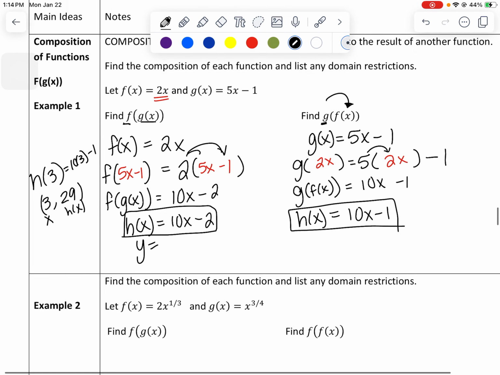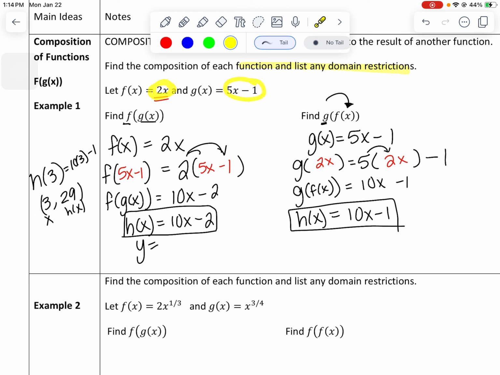All right, then it asked me to list any domain restrictions that go along with these. And since I started with linear functions, which means it's just x to the first power, and I ended with linear functions, my restrictions are: are there any possible restrictions to what you can plug in?